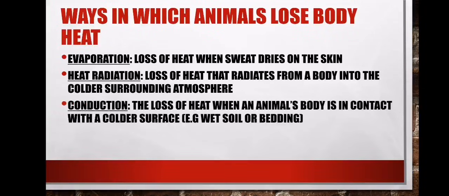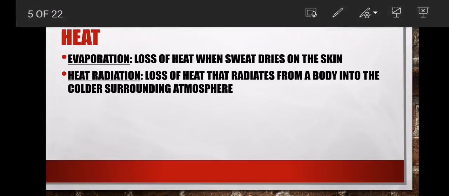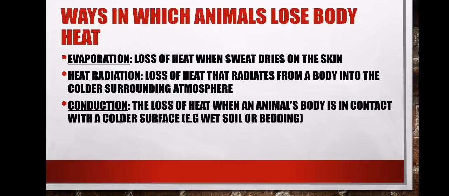So what you have here is an animal. When the heat evaporates, it will radiate this way to the colder surroundings. That is the key part on this one. But then when you continue, you get conduction.